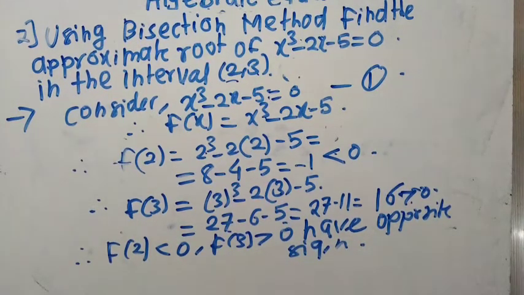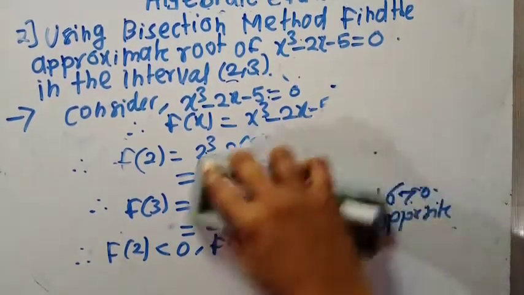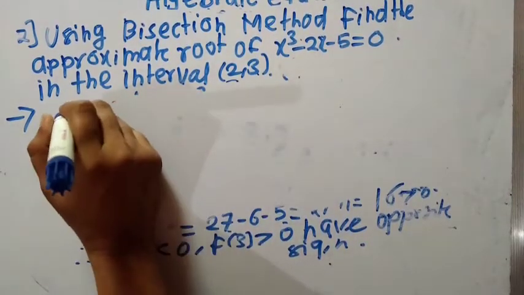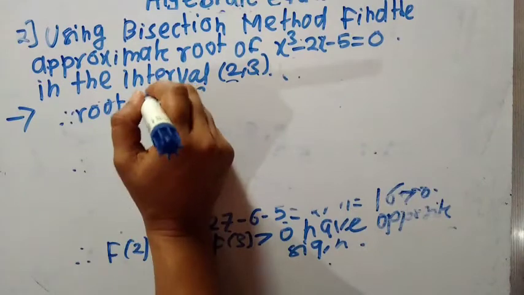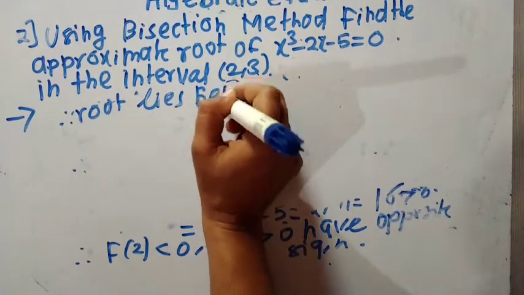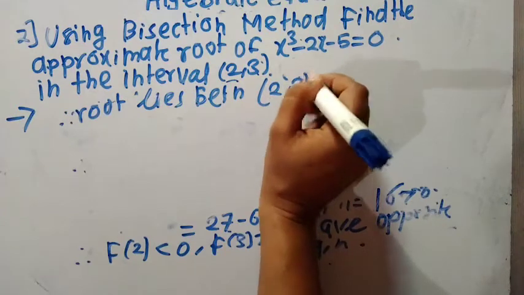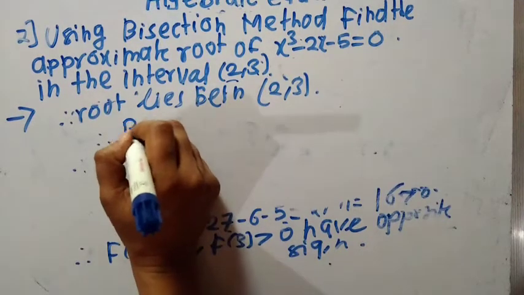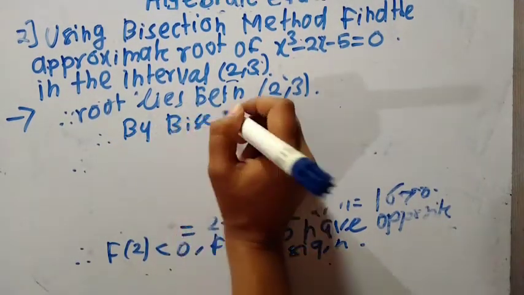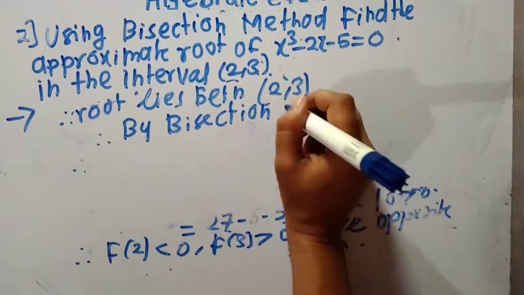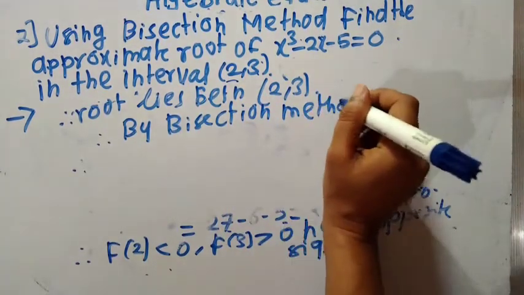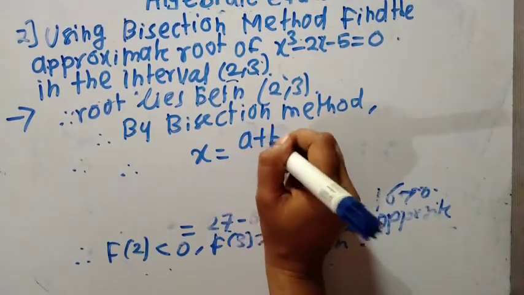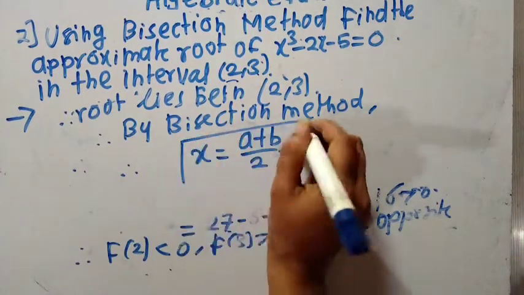Hence, by bisection method, hence root lies between 2 and 3. So by bisection method, x is equal to a plus b divided by 2.